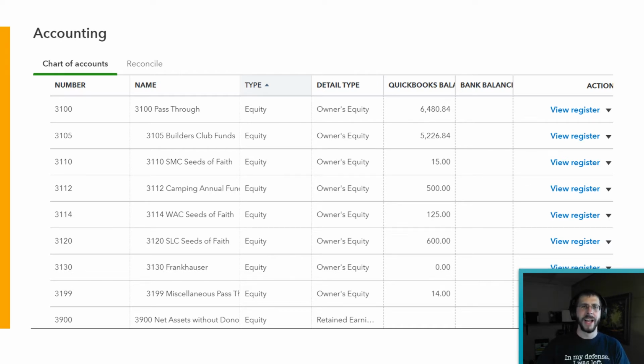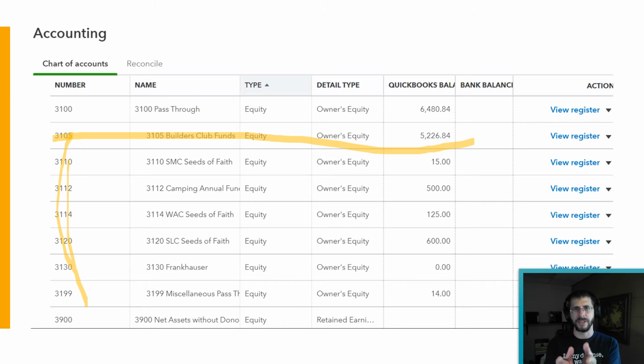And then I'll just have the balance right here. So all these ones here are just balances. Apparently for the Builders Club, I had an extra $5,226 of income over expenses. And then this is just the carryover balance.